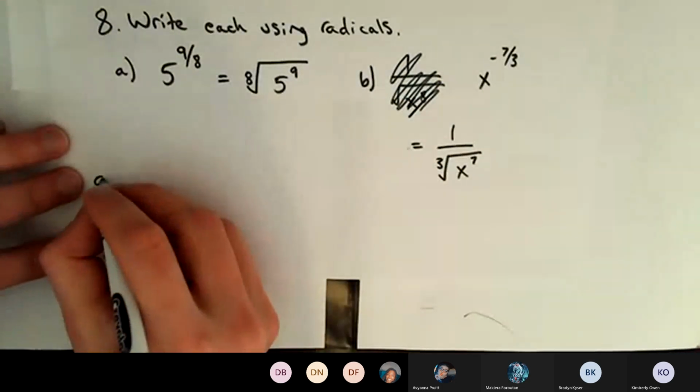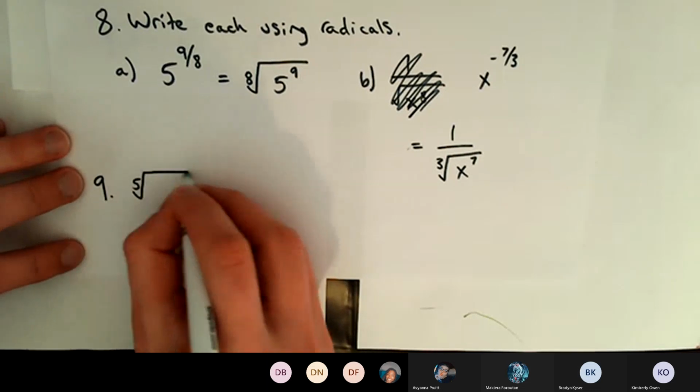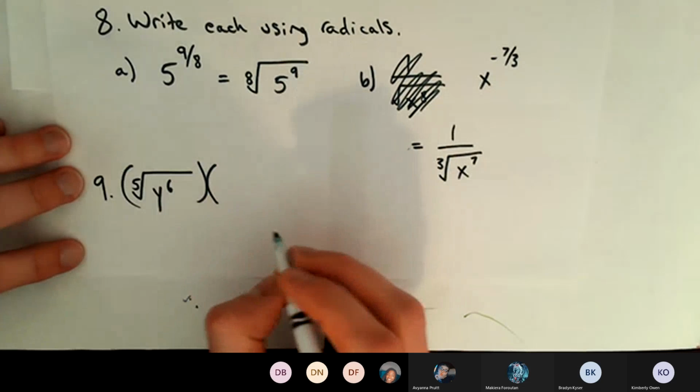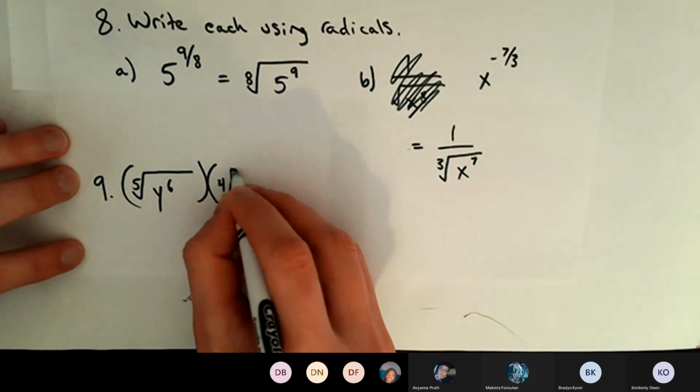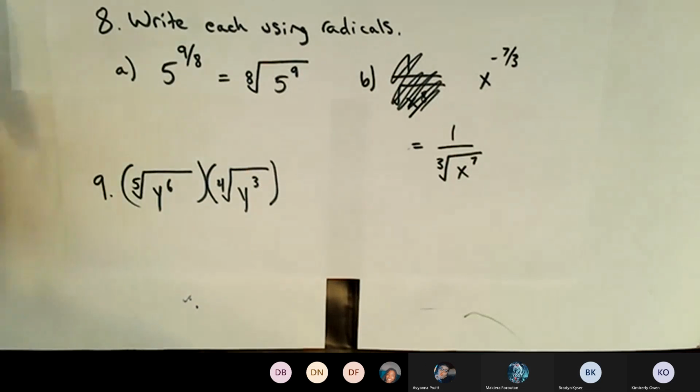Here's one I'd like to do. Let's do, I'm going to change it slightly. The 5th root of y to the 6th times the 4th root of y cubed. So I'm changing it slightly, but how can we deal with this?